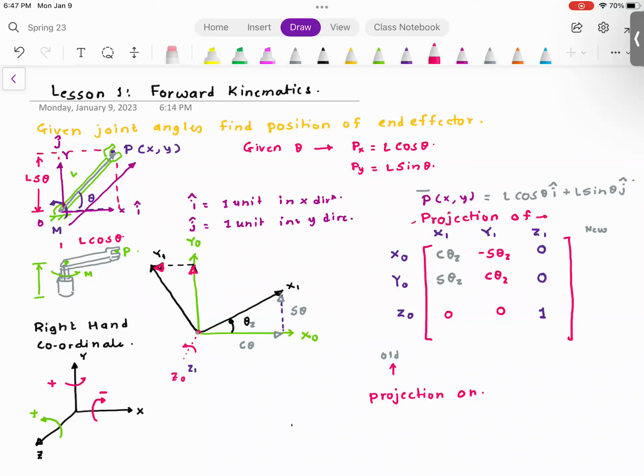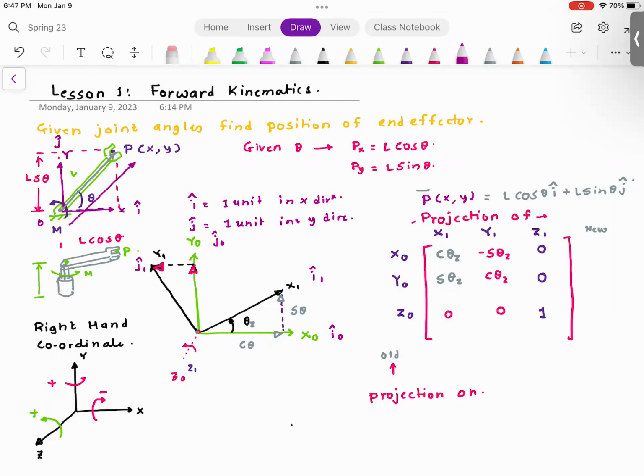And if you have taken robotics before, or if you have done coordinate transformation before, probably you have seen this transformation. So I'm going to say i naught is the unit vector around x naught, j naught is the unit vector around y naught. Then I'm going to say i1 and j1.